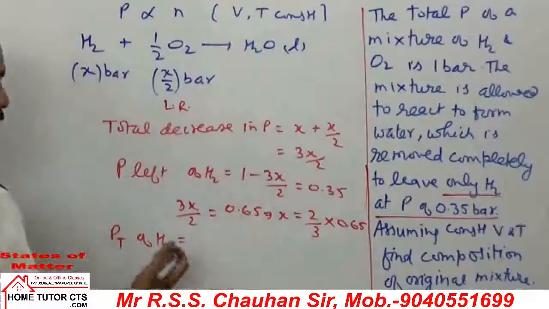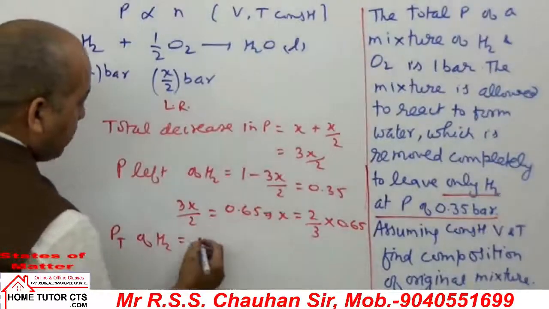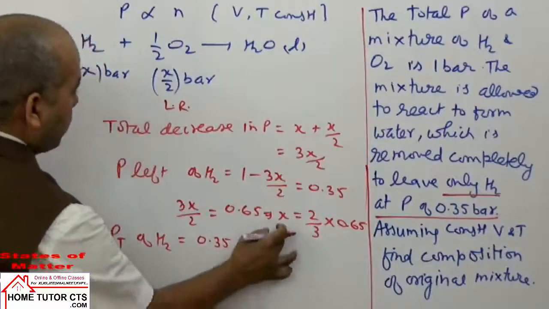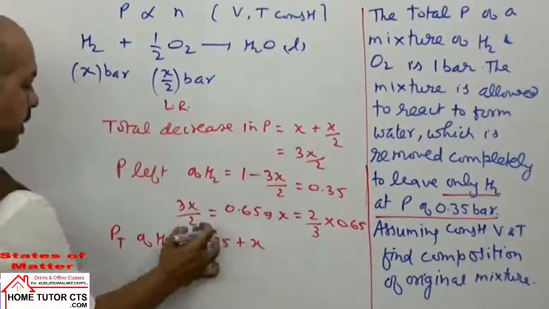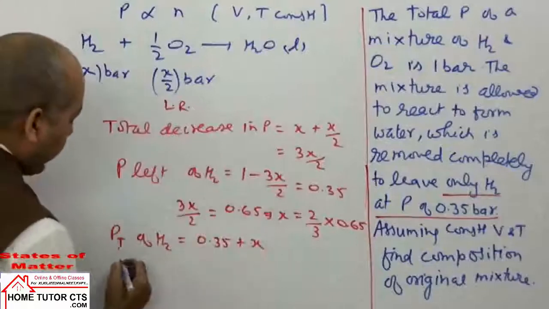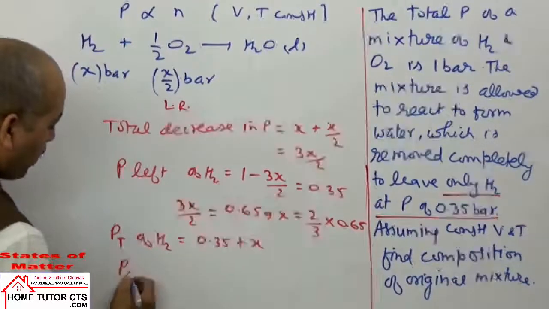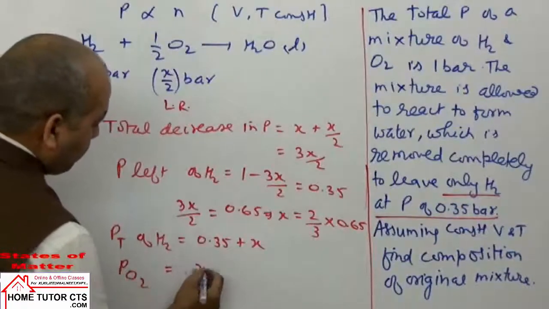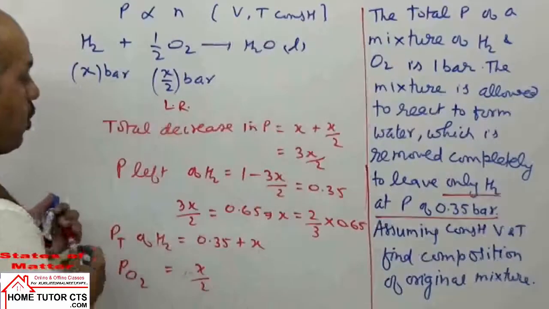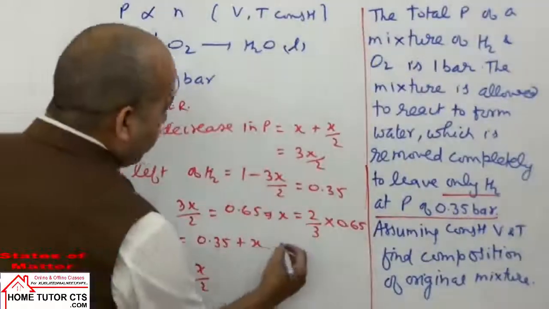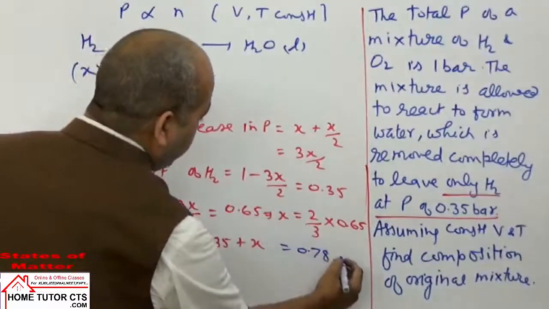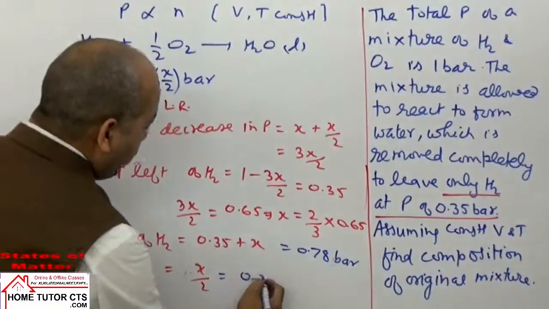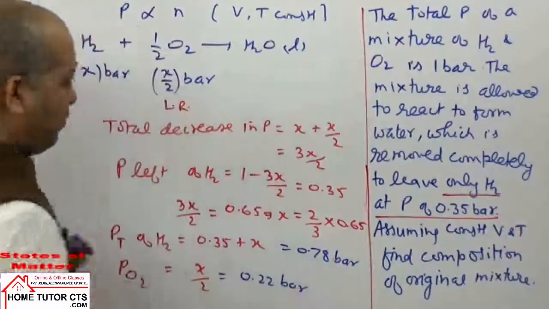The composition and mole percentage remain the same. It will be 0.35 plus X, the pressure remaining plus the pressure reacted. And for O2, the pressure of O2 in the original mixture is X by 2. So on solving you can get the values. This will come to 0.78 bar, and the remaining comes to 0.22 bar as your answer.